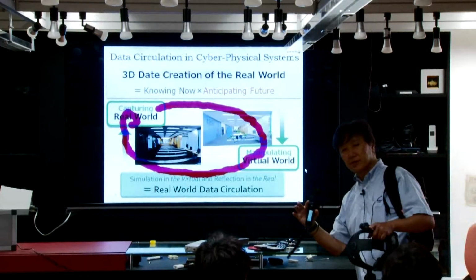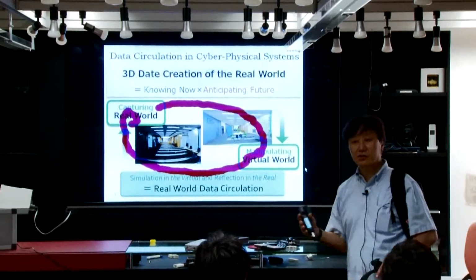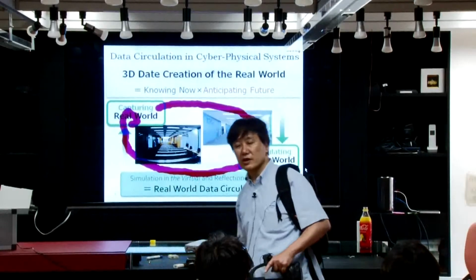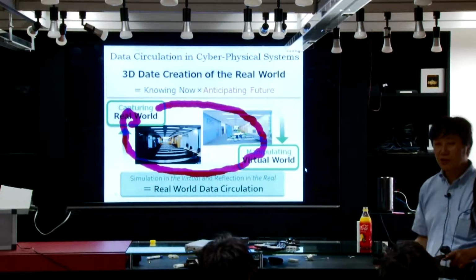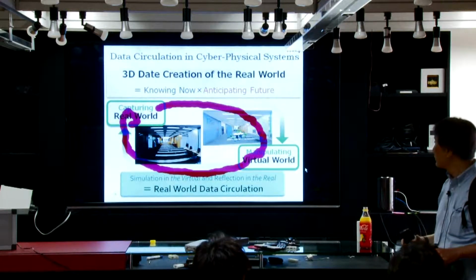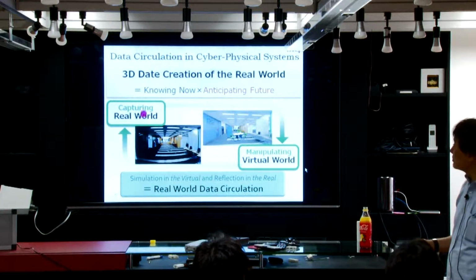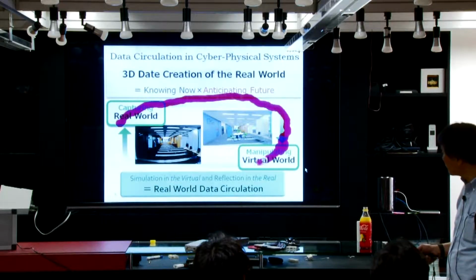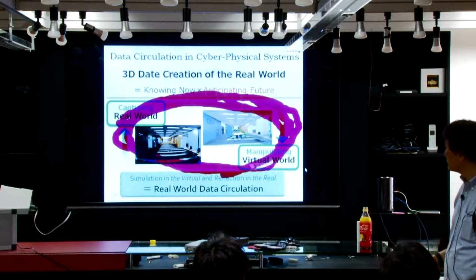If the building layout is not suitable in the case of a disaster situation, such as the evacuation route, then we reconstruct the real space and capture it again, making this kind of feedback loop.